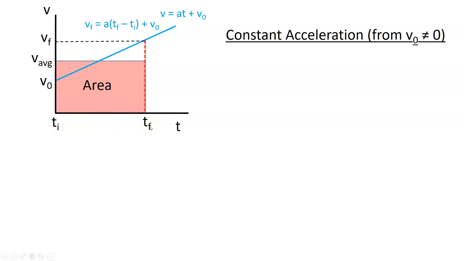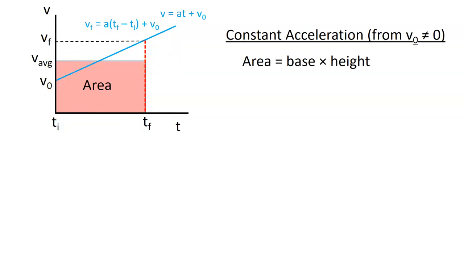But if we envision this area here as having the same base but a height of the average velocity, and that works because this is linear, we can see that this little triangle right here is actually the same as this triangle. So this actual shape and the area of this rectangle that I've shown are actually equal.